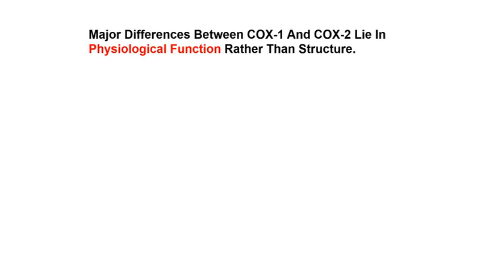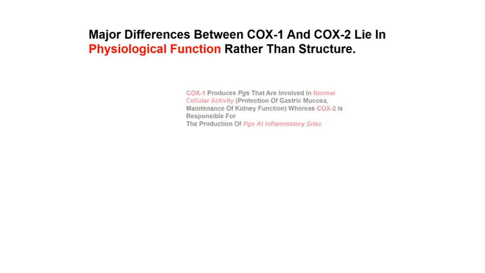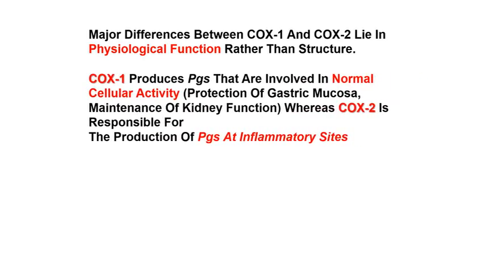Rather, the difference is mainly physiological rather than structural, because we can identify that COX-1 is responsible to produce the prostaglandins that are involved in the normal physiological responses, the normal cellular activities concerned with gastric mucosa protection, managing kidney functions, whereas COX-2 is the entity involved in production of inflammatory prostaglandins.